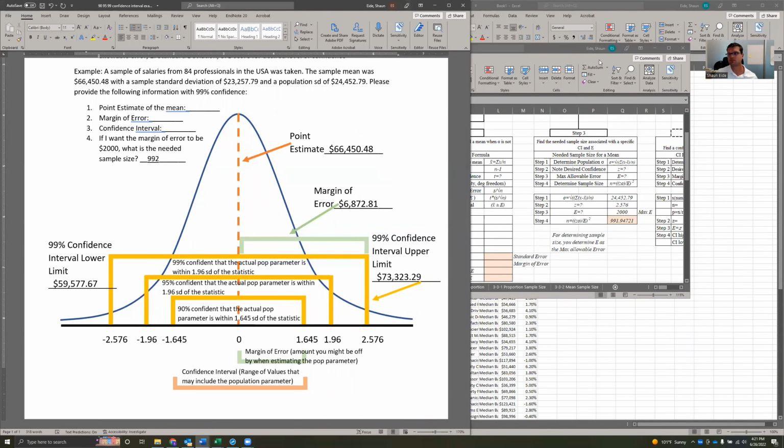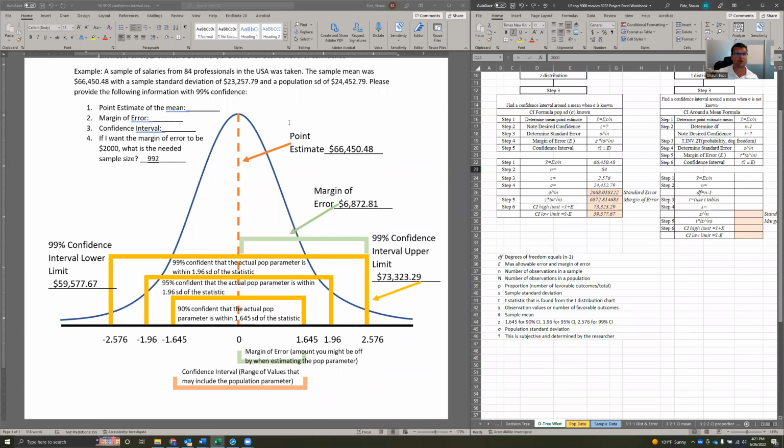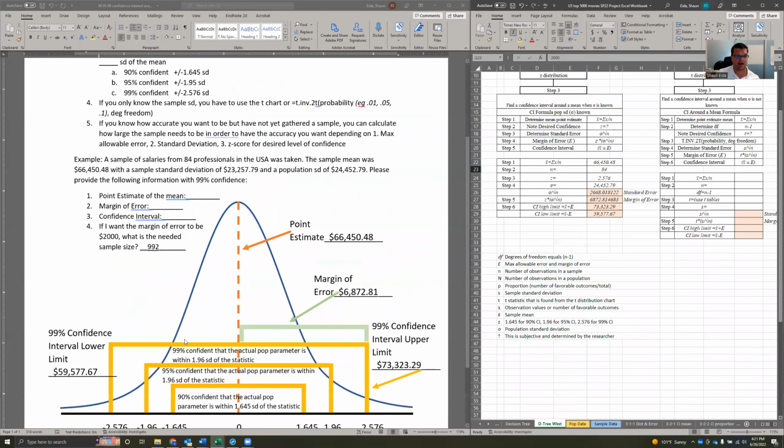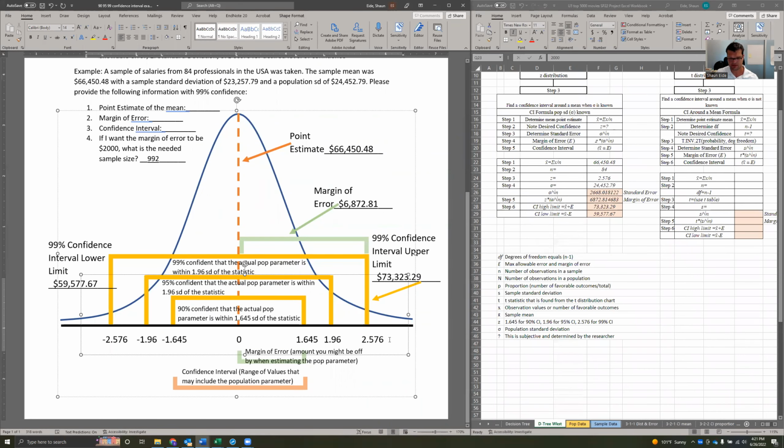Conversely, if we were to have t values instead, using T.INV.2T, this 1.645 and all these values, what would they be instead? Let's put this right here. Oh, that's not going to work. Anyway, we'll just do the negative sides.